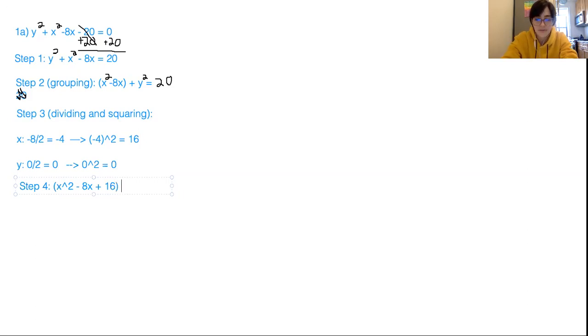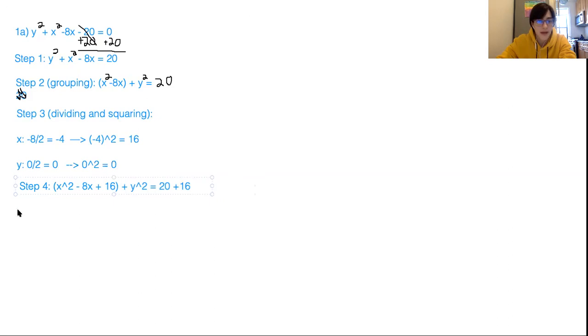And then I have plus y squared. I could say plus 0, but it's the same as not adding that in since it doesn't change what it is. And it equals, I had 20 plus 16, and I could do this plus 0. It doesn't really change how it's going to solve out. But you need to add these numbers to both sides.